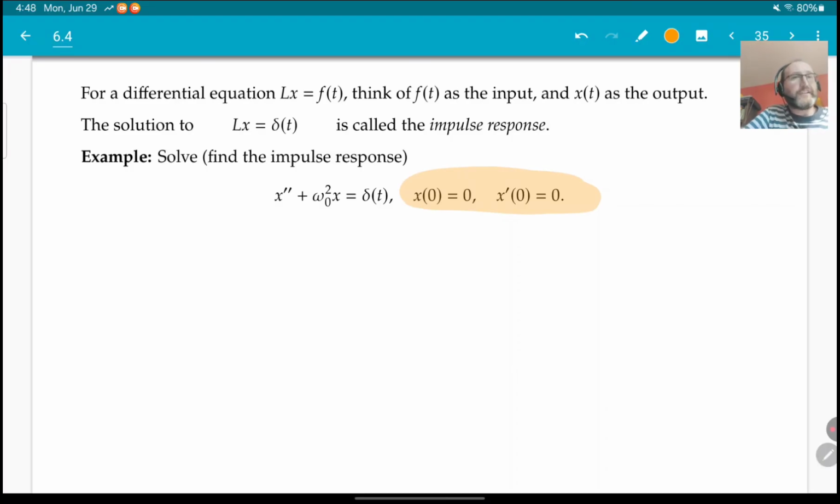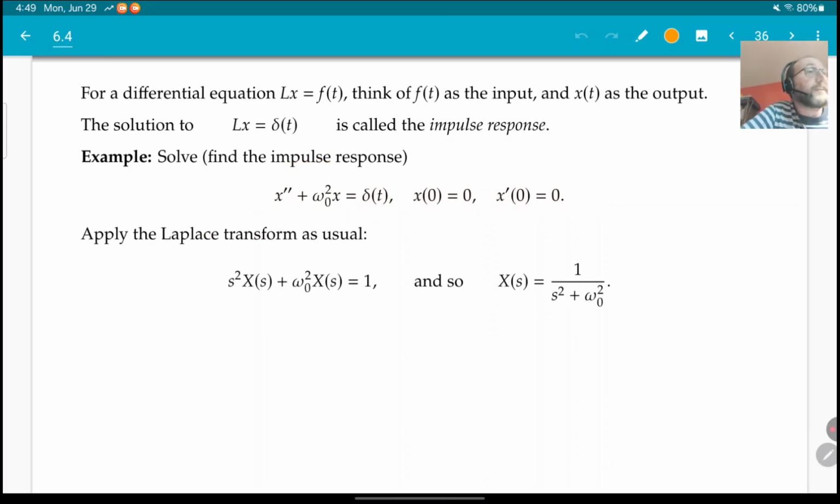So let's try to find the impulse response for this differential equation, right? So for this operator, it's the solution to this differential equation, right? But again, in some sense it doesn't make sense, but it makes sense in a Laplace transform sort of way, right?